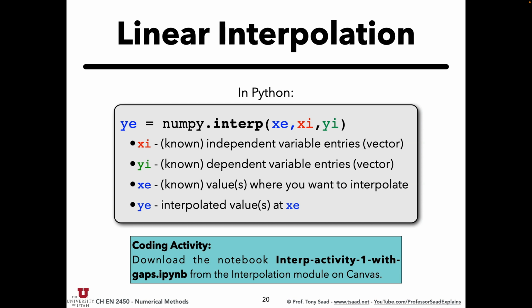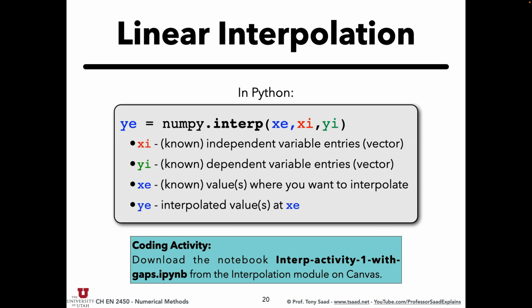xe is the value where you want to interpolate. So think of input and exit, I guess. It's the value where you want to interpolate. What interp does is take all the data input, xi and yi, and figure out how to do the interpolation at xe, at the independent variable value of your choice, and it outputs the result as ye.